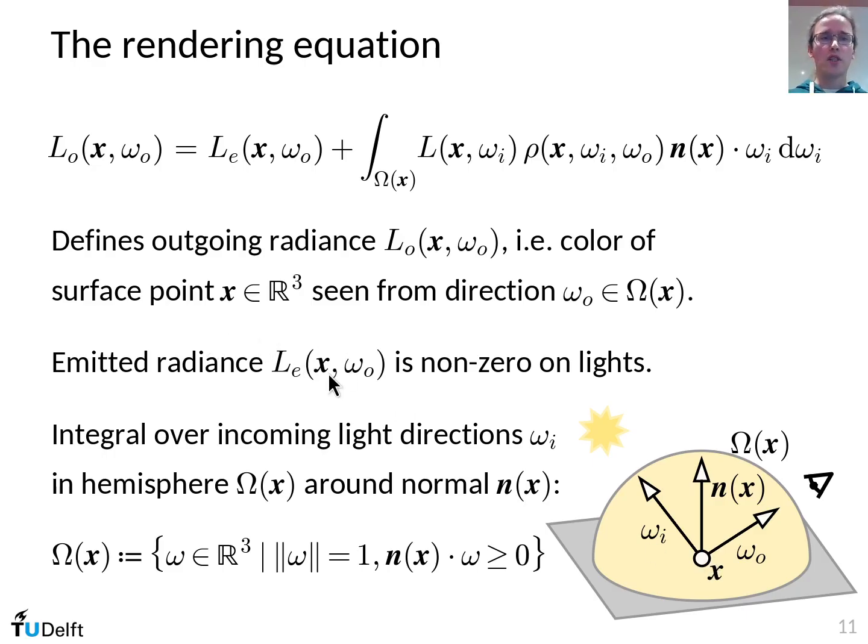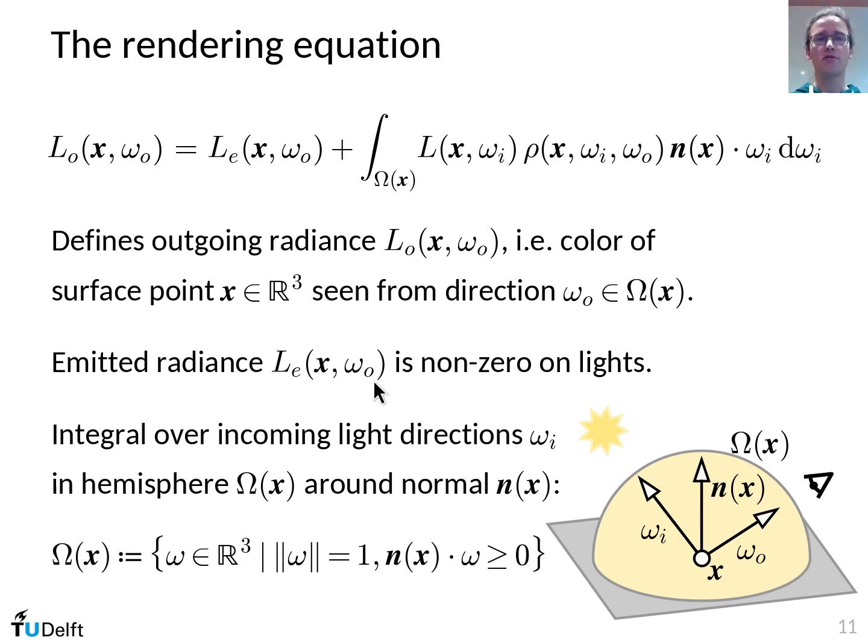And then the first thing that contributes to this is the emitted radiance. So it may be that this surface point x is on a light source itself, and in this case it will be emitting light, and then we have to account for the light that is emitted into direction omega o. But for most surface points this will simply be 0.